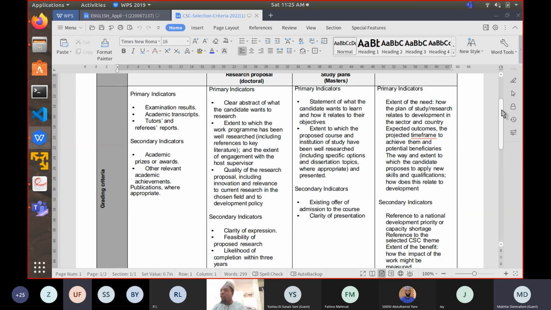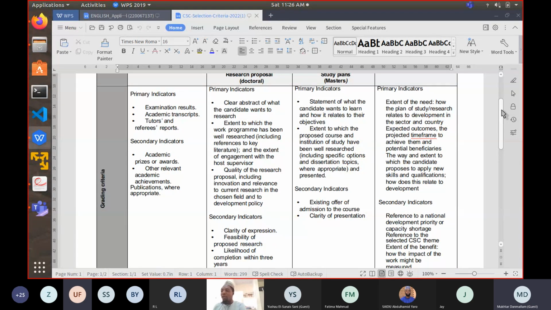Then the last one, which is the developmental impact. If you look at the previous things that we have talked about, the other criteria are all related to this developmental impact. When they are looking at whether you have some award, some achievement, some publications, they all see how it is related to the developmental impact, like what you are doing or what you are planning to do.